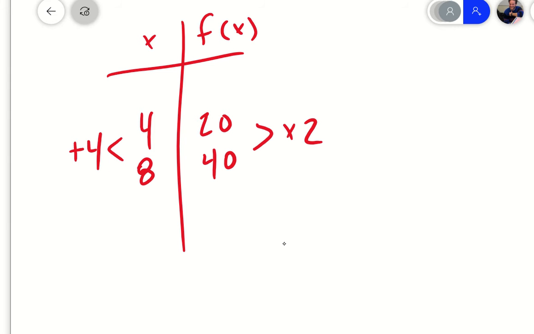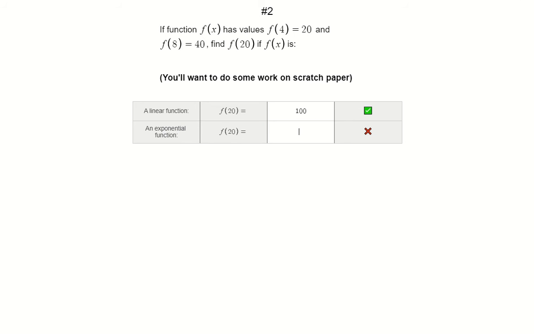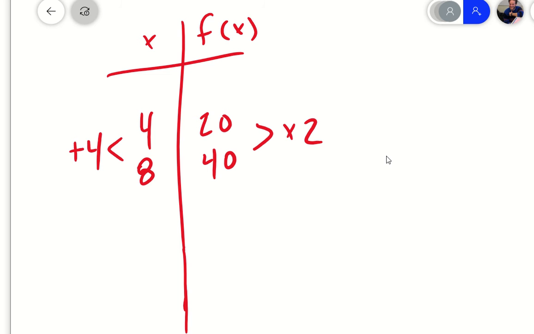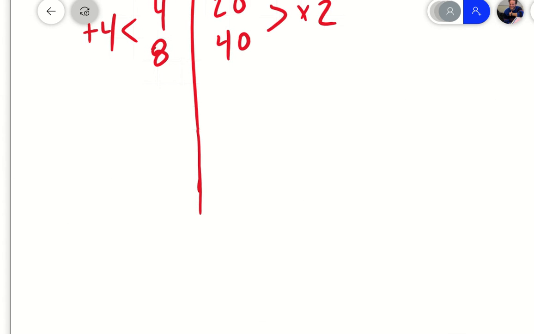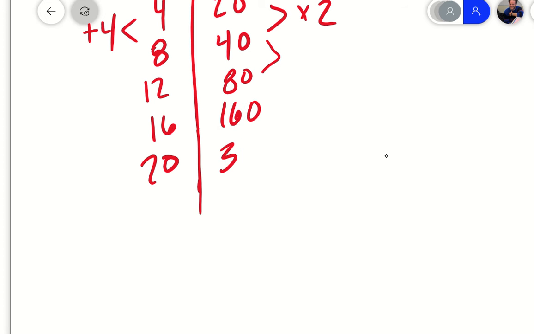This is times 2. So then we want to get down to x equals 20. This is going to be a big number. 4, 8, 12, 16. Oh, I put way too many intervals on the last one. 12, 16, 20. And then this is going to be 80, 160, 320.